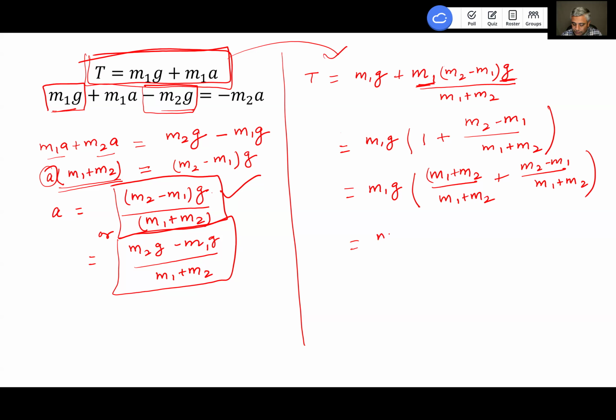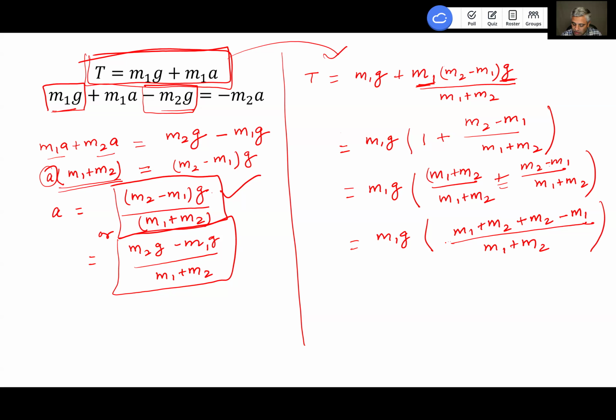So now what happens? I can do M1 plus M2, just one denominator. It's a common M1 plus M2. And then this plus times M2 is plus M2. And this plus times negative M1 is negative M1.